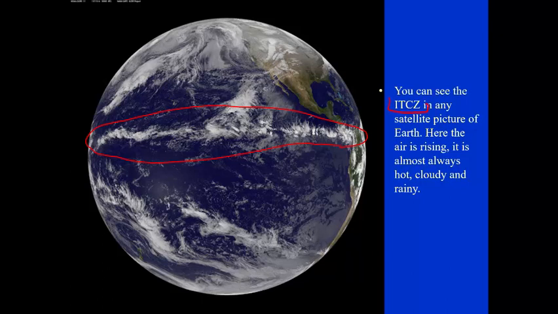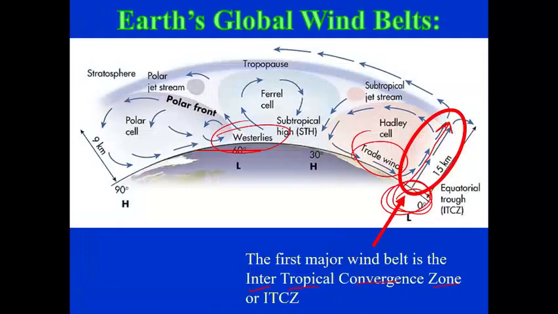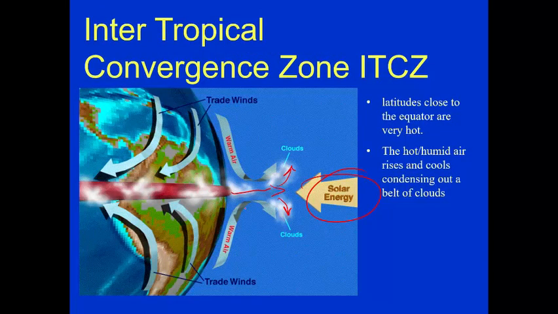Okay, so the ITCZ actually does not stay put in one place. It likes to hang out around the equator, but it will move north in the summer and it will move south in the winter, and that's because it's following, remember, it's caused by the excess of solar energy, right? So when the sun is shining brighter in the north during our summer, it's going to follow it.